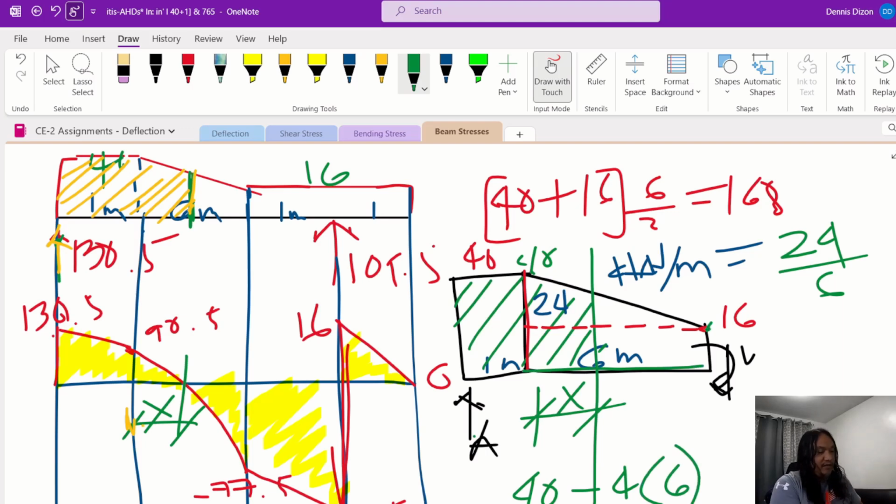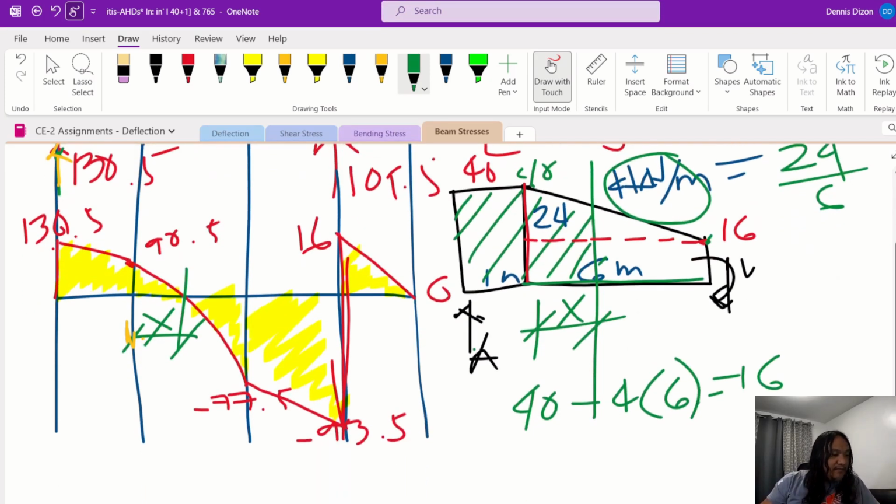So 40 minus 4 times 6 is 16. Therefore, this decrease in load, which is 4 kilonewton per meter, is correct.